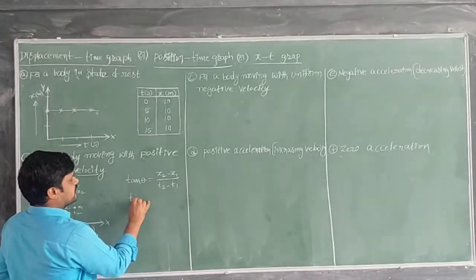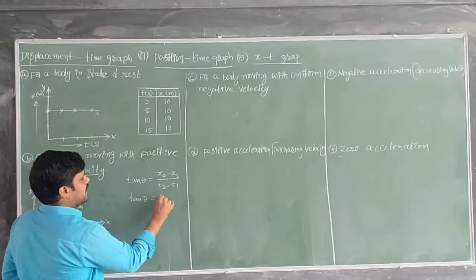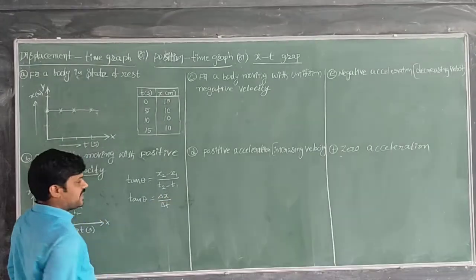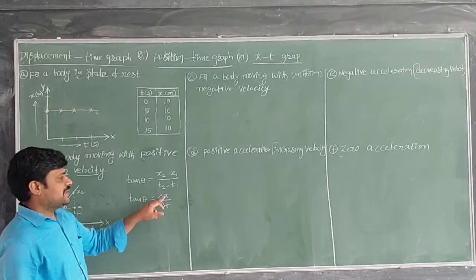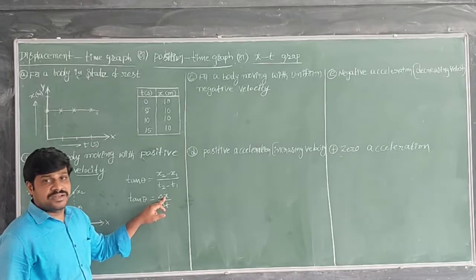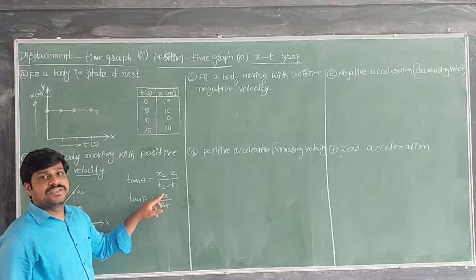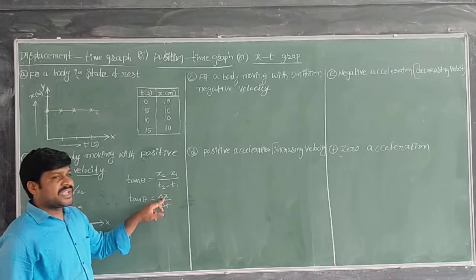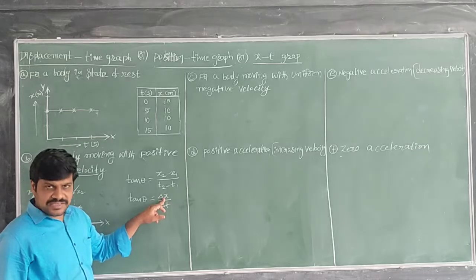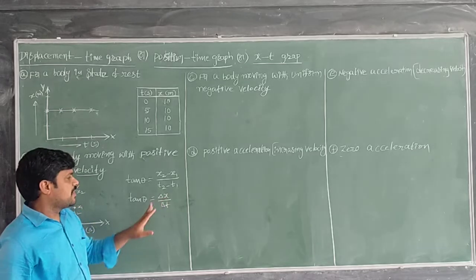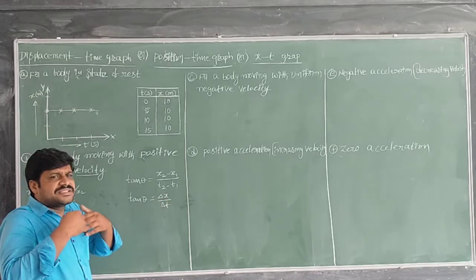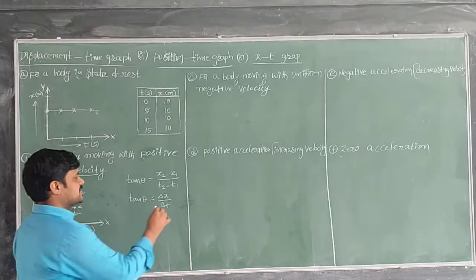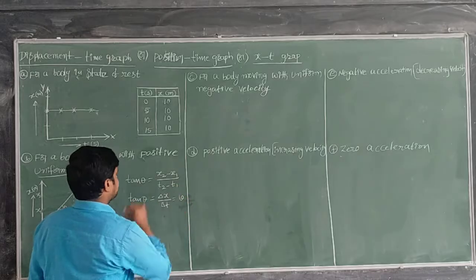So tan theta equals delta x divided by delta t. Delta x is the change in position, that is, displacement, divided by time. Change in displacement with respect to time gives velocity.